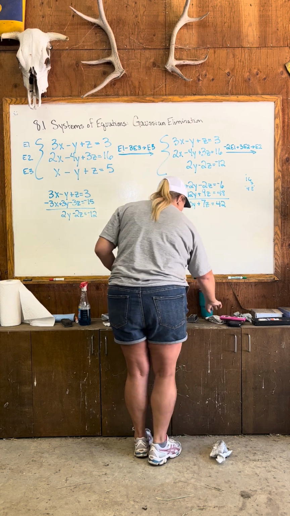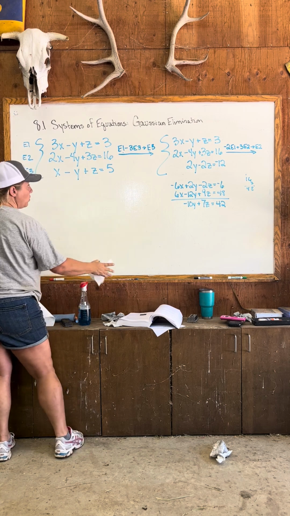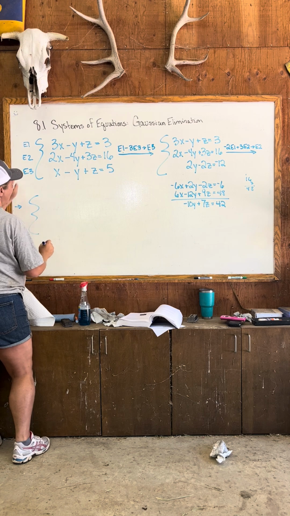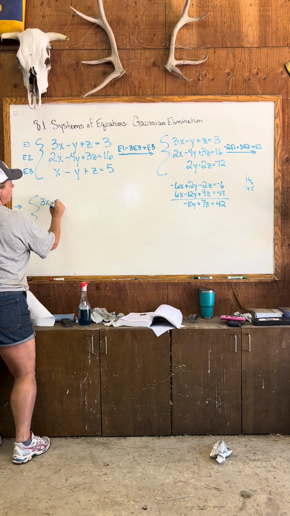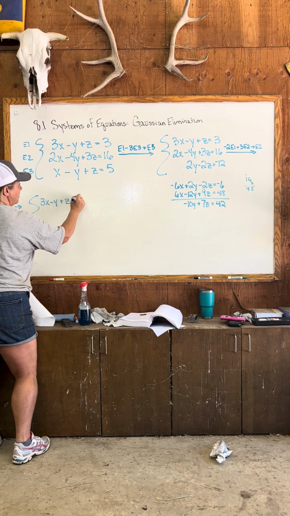Okay. Now I'm going to erase our scratch work because I need more of the board. So we now have the top guy has not changed. 3x minus y plus z equals 3.